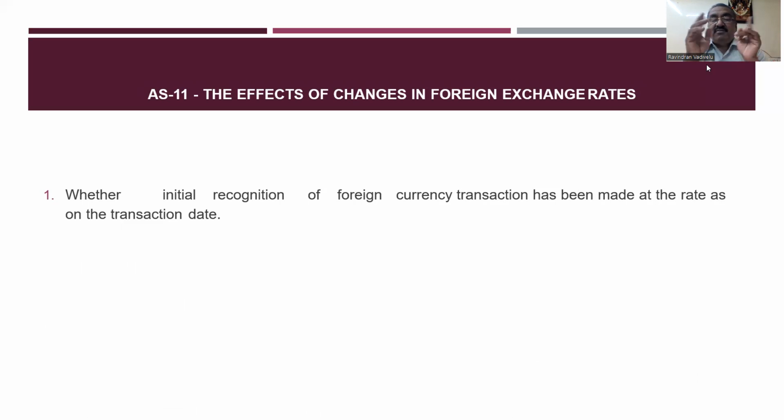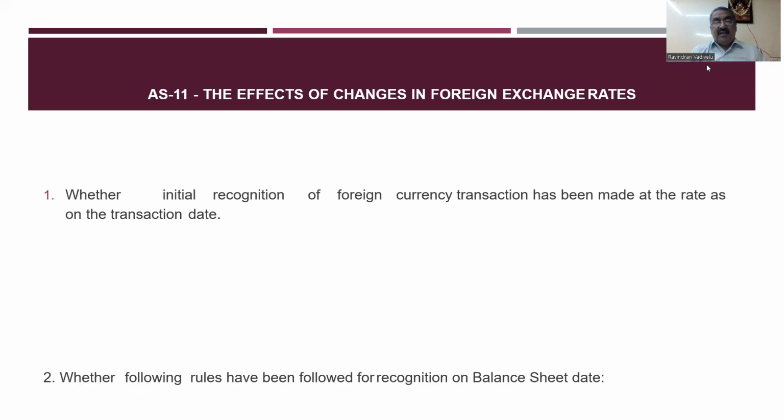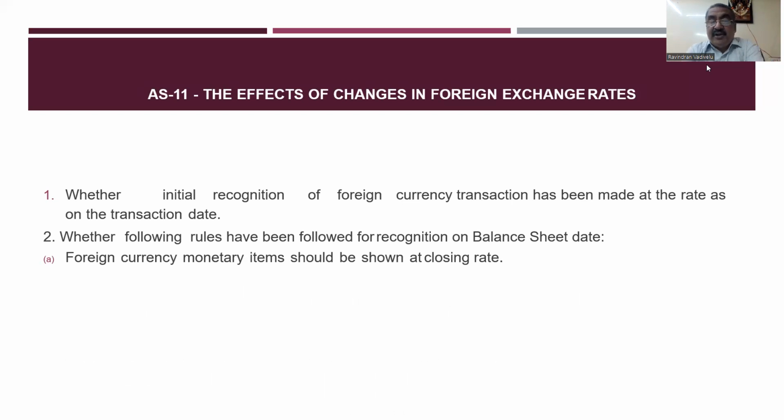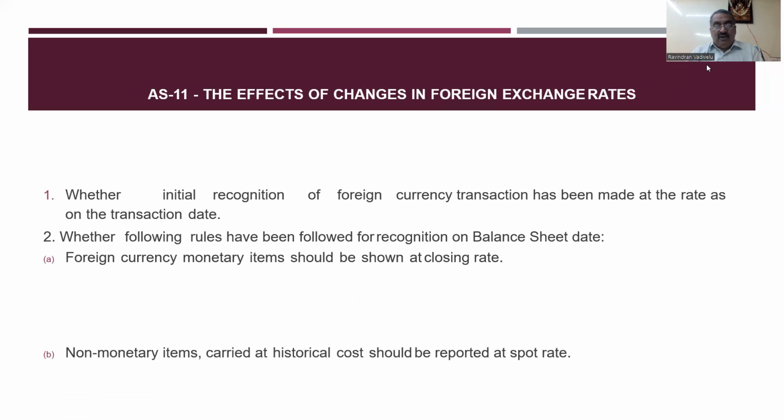The difference between the contract date rate and the transaction date rate, that is, the receipt of the forex, is a profit or loss, and you can term it currency fluctuation. Check whether the following rules have been followed in the recognition on the balance sheet: foreign currency monetary items should be shown at the closing date rate, not the opening date or midday rate. Suppose you are closing on 31st March, what is the closing rate of the dollar on that day? That you have to consider as the value.